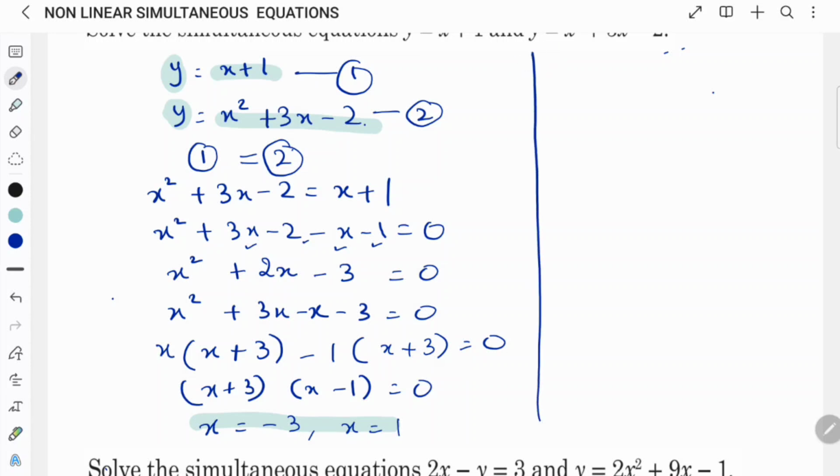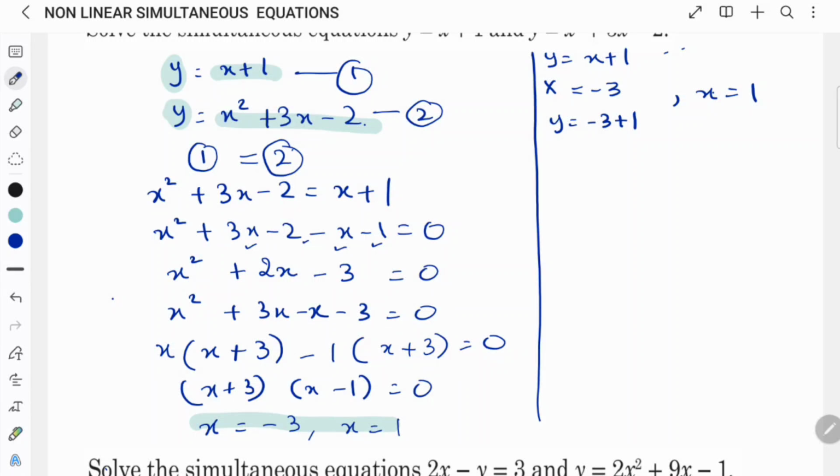We are going to get the two sets of answers, x equals minus 3 and x equals 1. y equals x plus 1, we are substituting in this equation one by one. y equals minus 3 plus 1. What did I do? I just replaced x with minus 3.